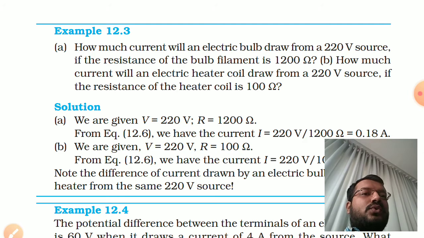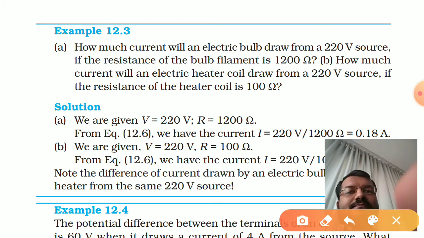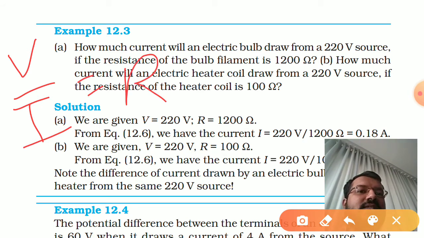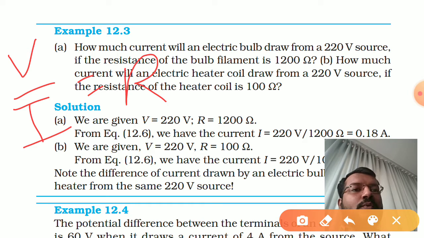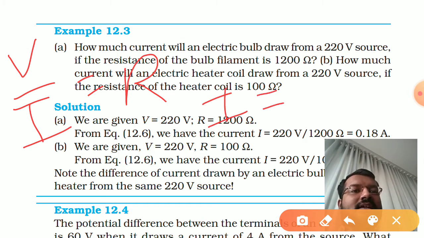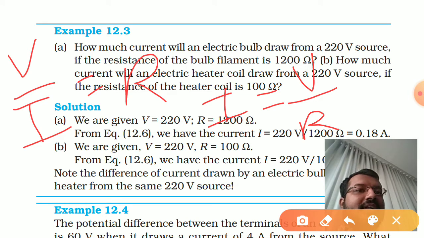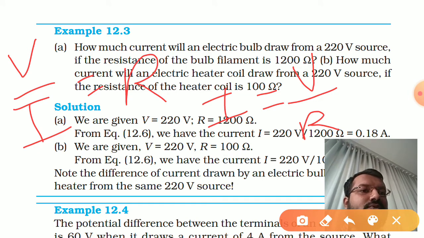So you all know the formula V upon I is equal to R. In the first case, V is given as 220 volt and R is 1200 ohm. So we can say I is equal to V upon R. So 220 divided by 1200, we get 0.18 ampere, which is the current.